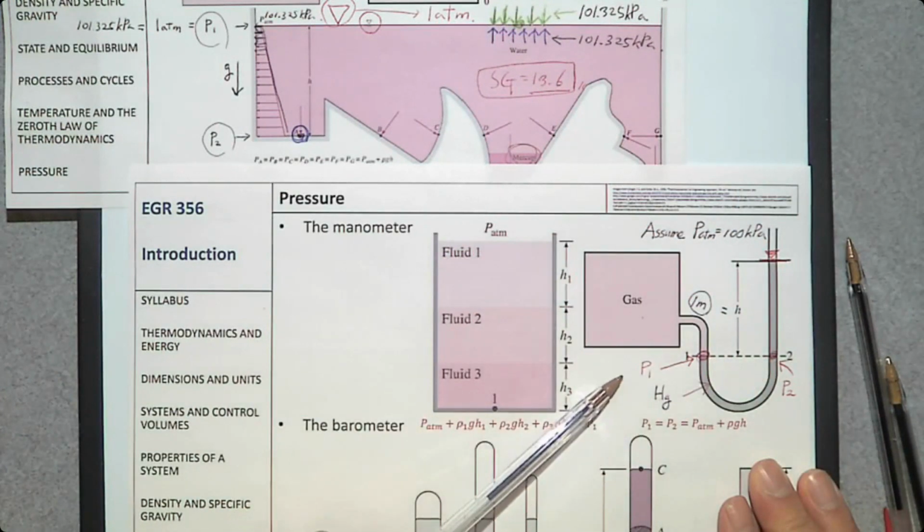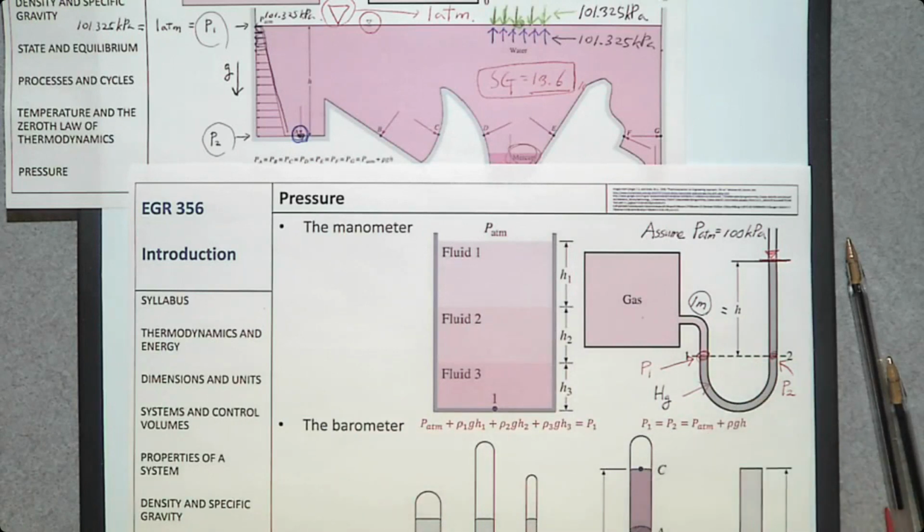So P1 should be the same as P2. Am I right? Yes. Then, do you know either P1 or P2? We do not know their pressures. However, we can calculate one of them. Which one? P2, because we know PATM, by using delta P equals rho g h.